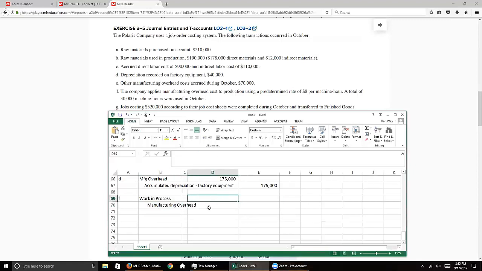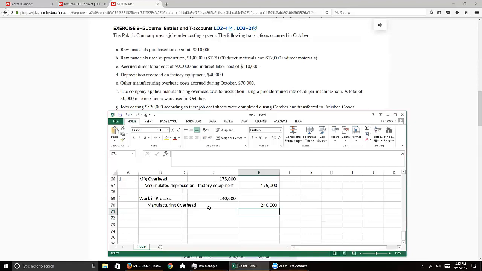In this case, we said, again, that was a predetermined overhead rate of $8 per hour times 30,000 hours for a total of $240,000. And then we don't have to do the calculation again because we're making sure our debits equal our credits. $240,000 credit to manufacturing overhead.